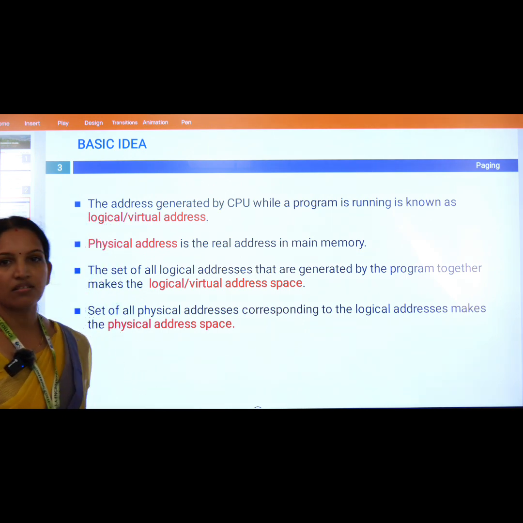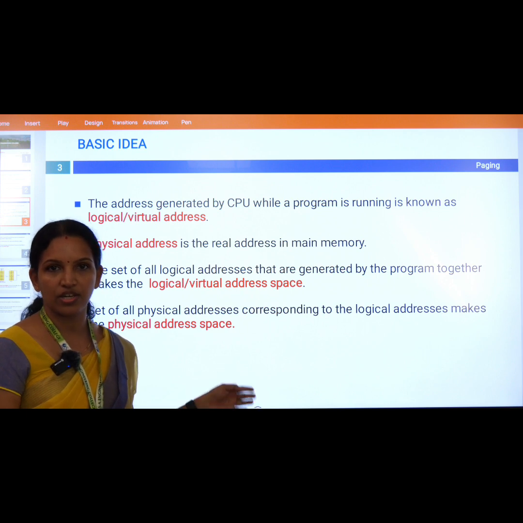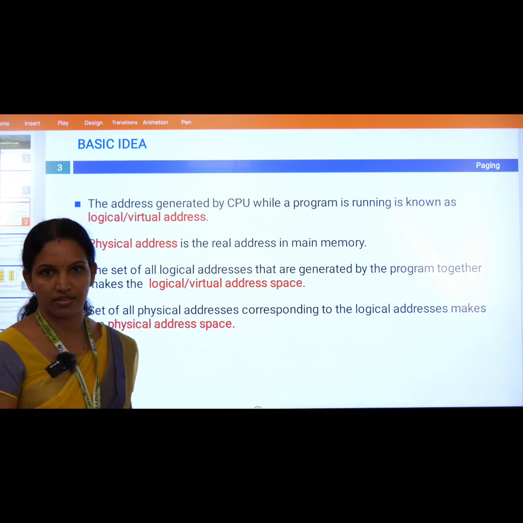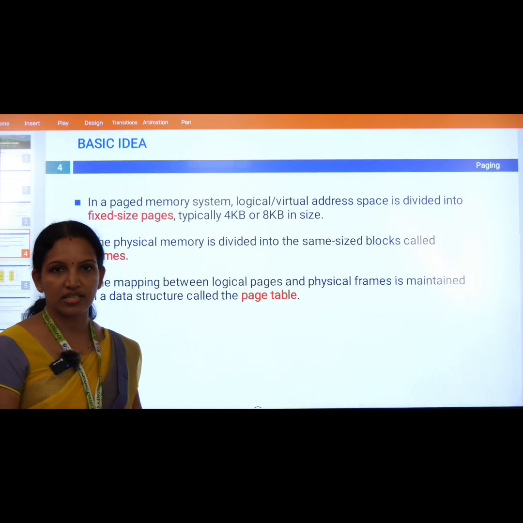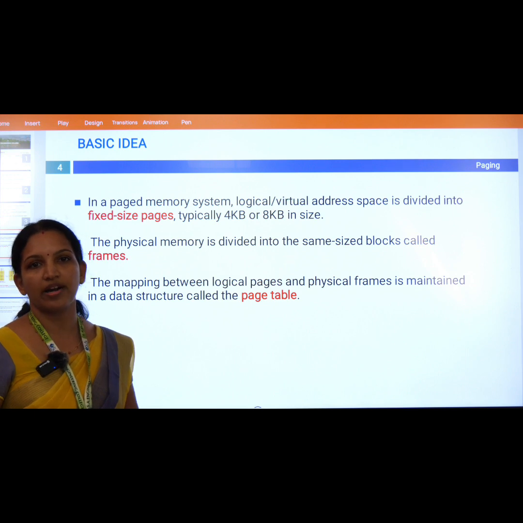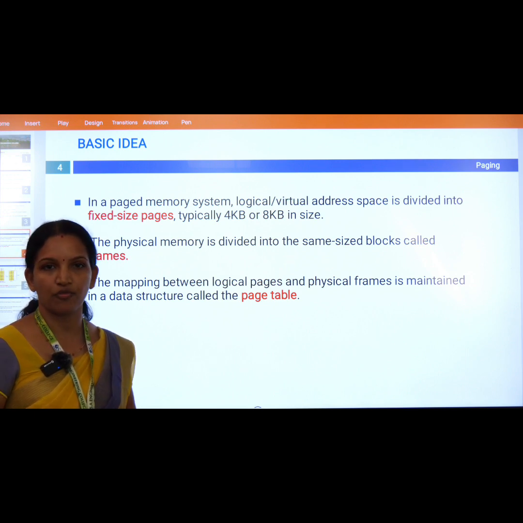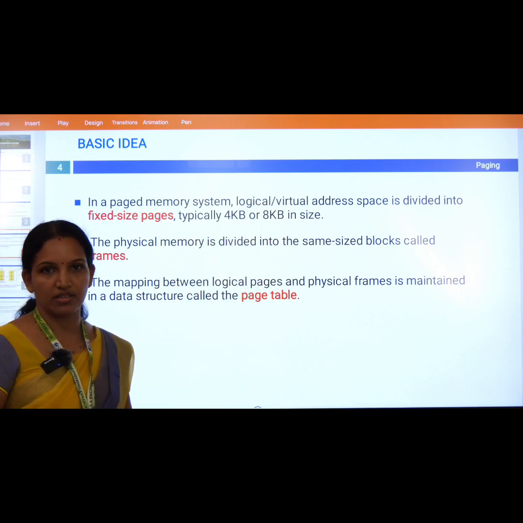So when a process is running, the OS has to map the logical address to the corresponding physical address. The basic idea behind paging is that the logical address space of a process will be divided into pages of fixed size. Usually it is 4 KB or 8 KB in size.